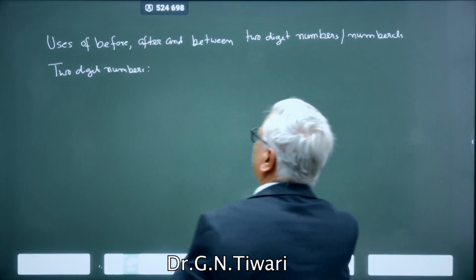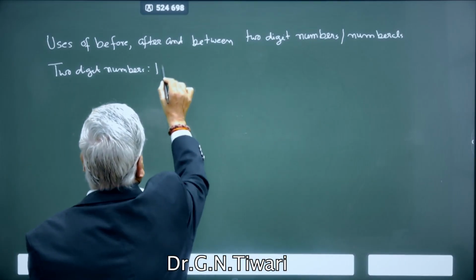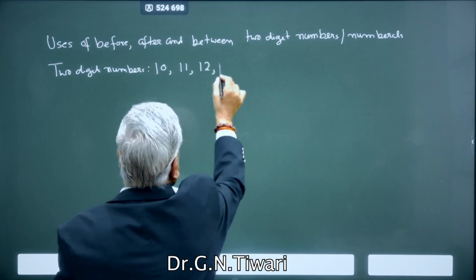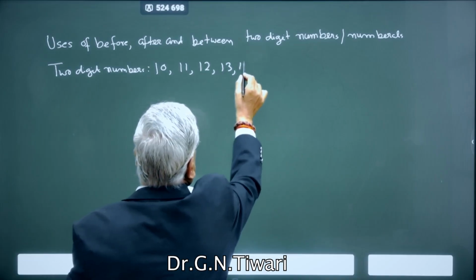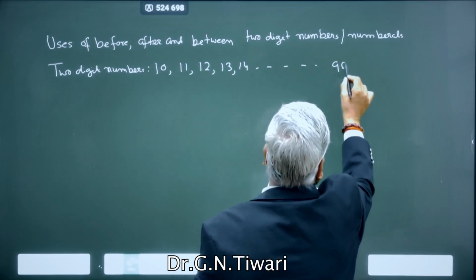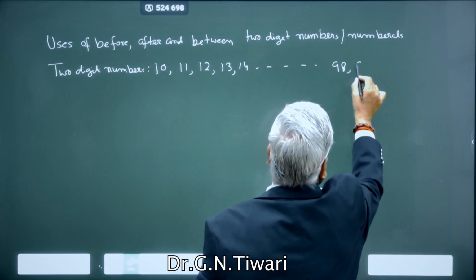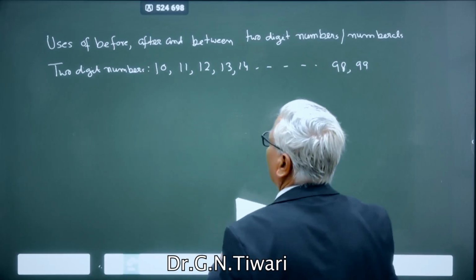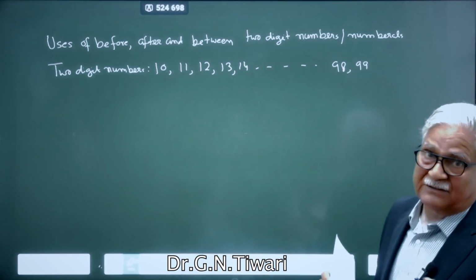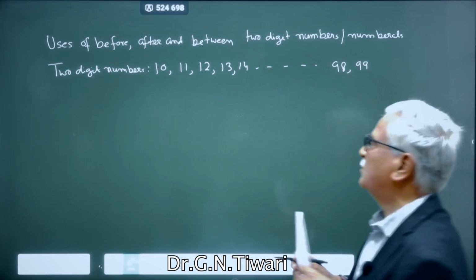That is very important. So 10, 11, 12, 13, 14, and it will go on up to 98 and 99. Here again I am just using the ones and tens, and its importance I will tell you later on.